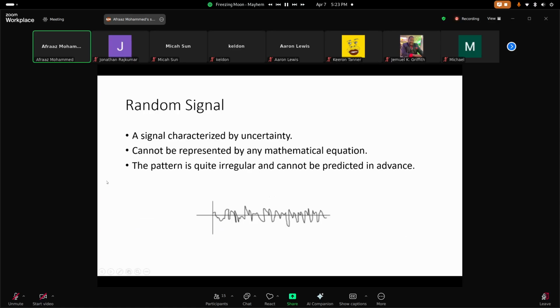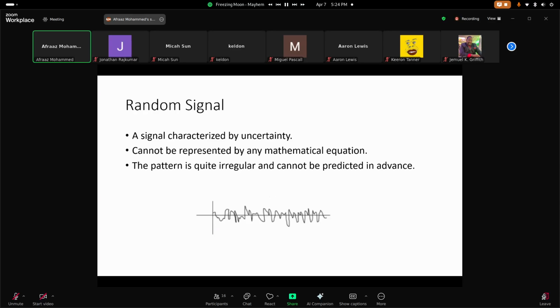Although there is some math being done to allow some sort of predictability for random signals, and that has to do with stochastic processes and stochastic mathematics, where they use probabilities based on a behavior to determine what it could be. But that's more advanced level mathematics.